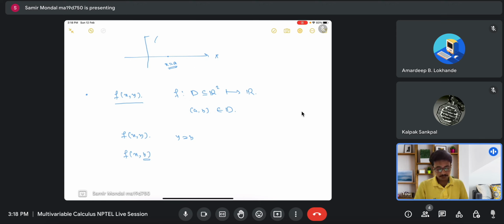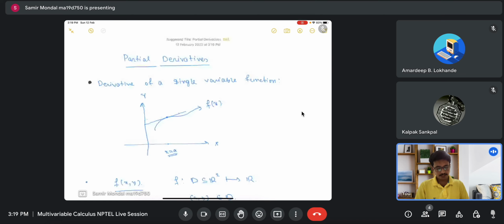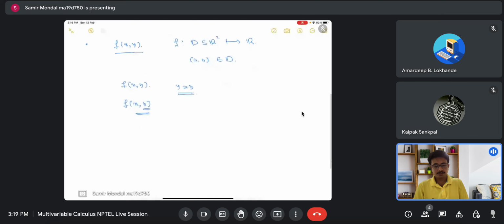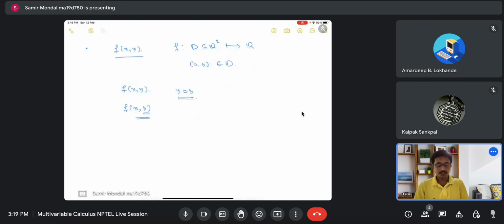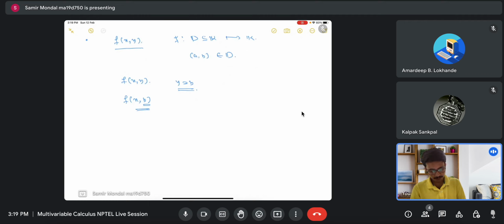Now this function will be treated as a one variable function. After plugging y equal to b, we can think of the same concept as the derivative of a single variable function. We can generalize the same thing for two-variable functions after plugging in one particular variable. So what do we mean by partial derivative?